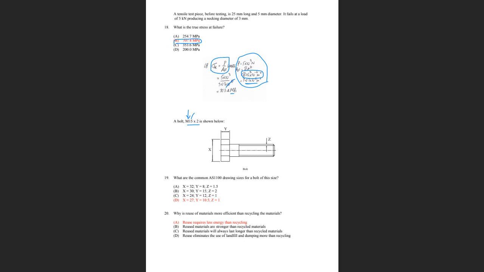The 15 is the diameter, right? So that is phi. And this 2 is the pitch. And the pitch, as you know, is the distance between one crest of a thread to the next. And that's the pitch.